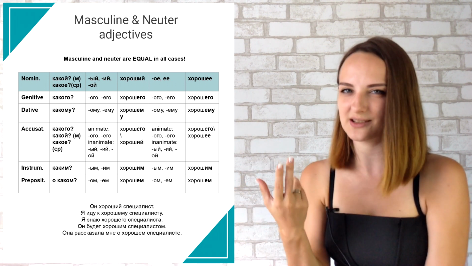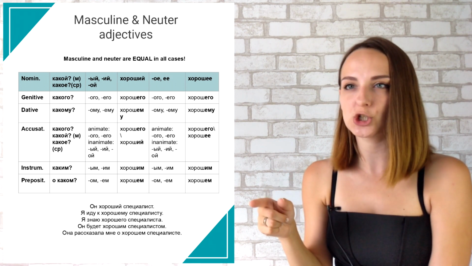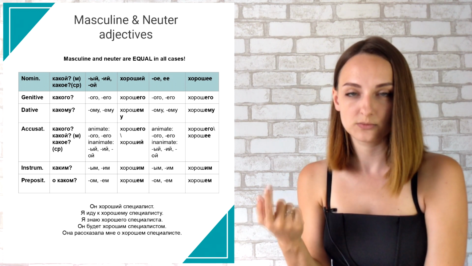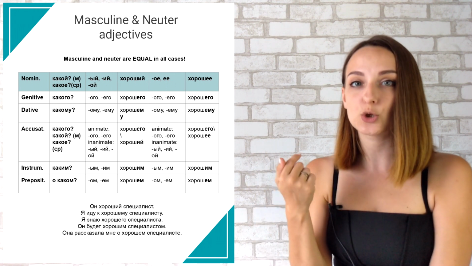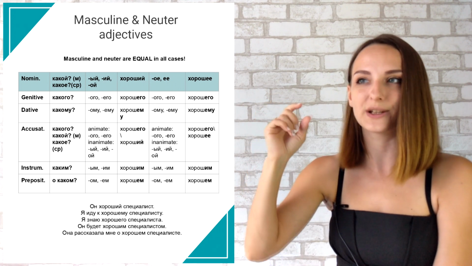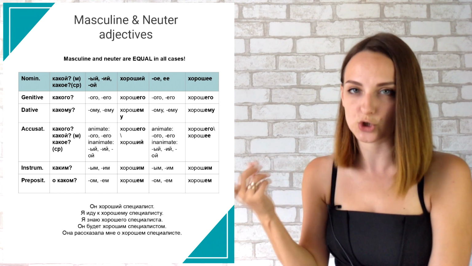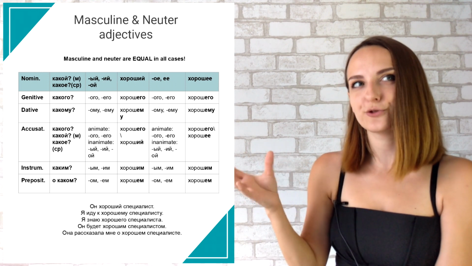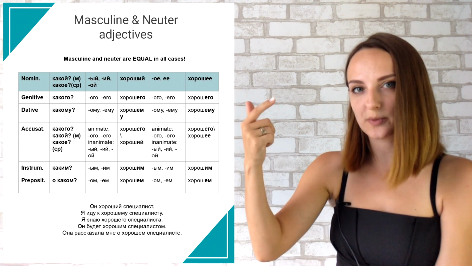If we have something inanimate, я купила хороший торт. Торт is masculine, so it's inanimate, so I use the nominative case, да? Ну, like the form of nominative case. Я купила какой торт? Хороший торт. And for neuter, I will say the same form as in nominative case, да?